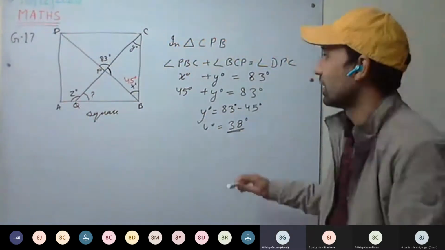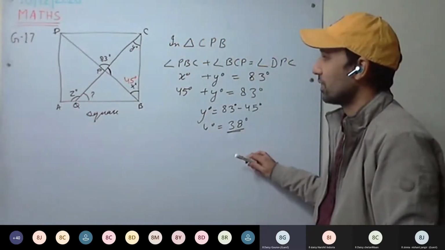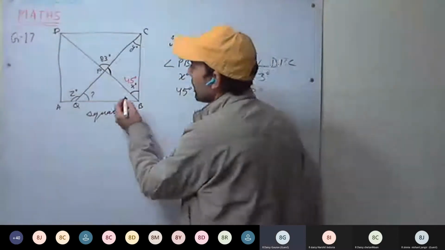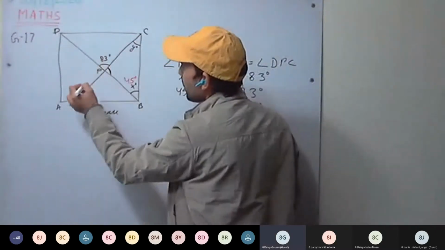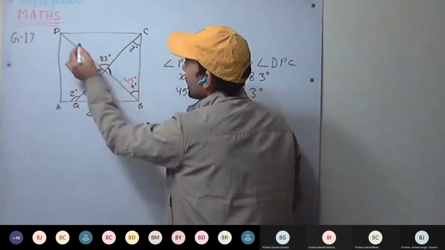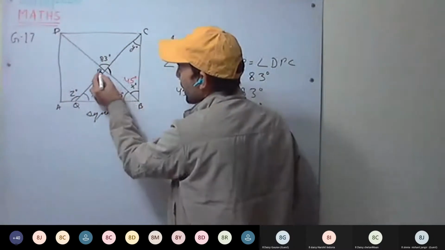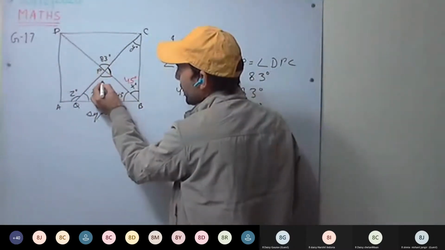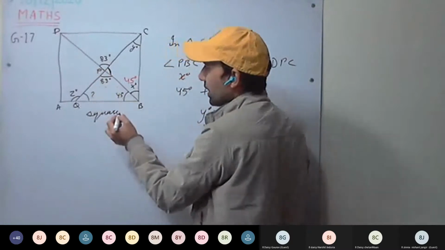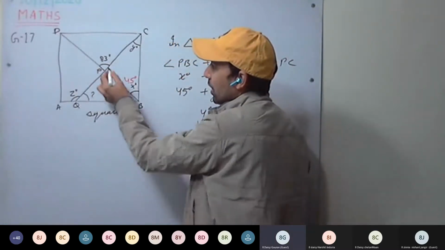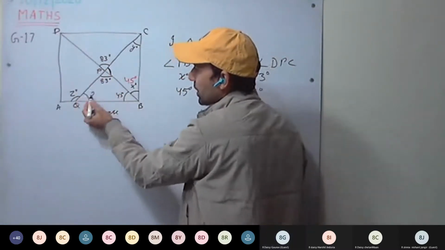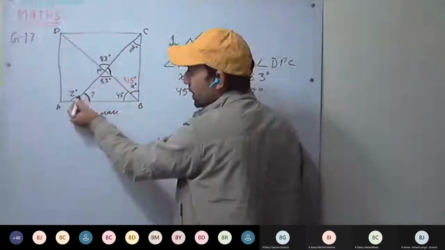Angle DBA is 45 degree for sure, and this angle is 83, opposite angle. Now by the angle sum property of the triangle you can calculate this, then Z.